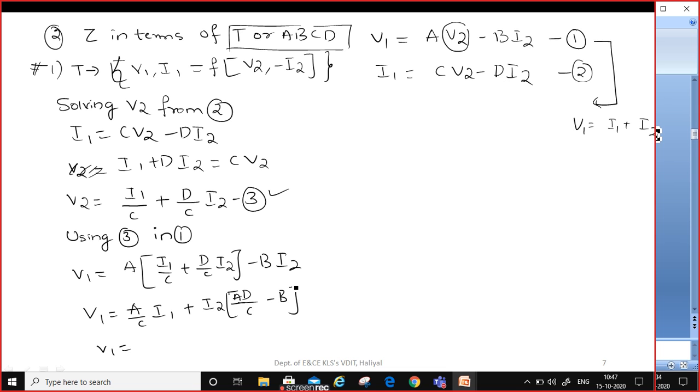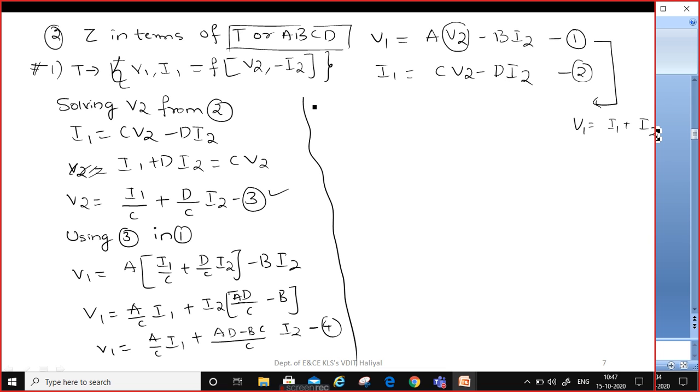If you solve it conveniently, you should be able to get V1 as A by C I1 plus I2 into (AD minus BC) divided by C. Let me call it equation 4. Now this is quite simple, no need to take delta and other things here.